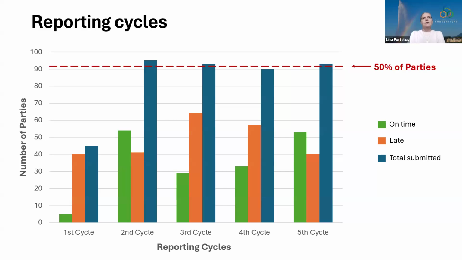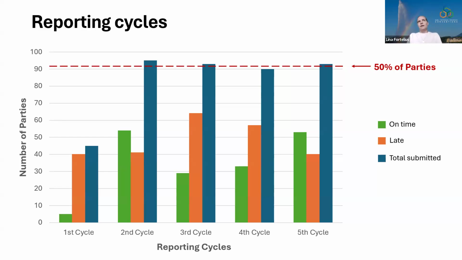And this is just the statistics on how parties have been reporting until now. So as you can see, the green bar is showing parties that reported on time before or at the deadline of the report, how many parties reported late, and the total submission of reports.